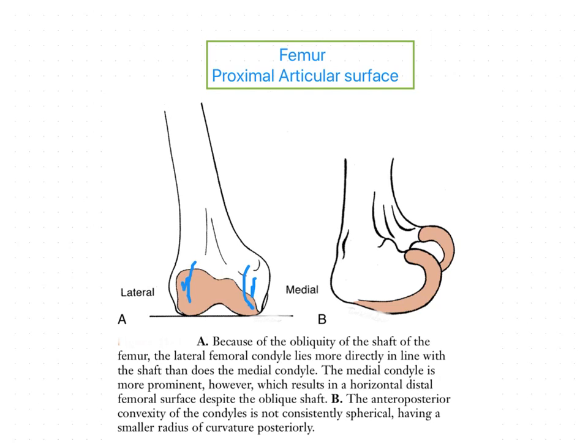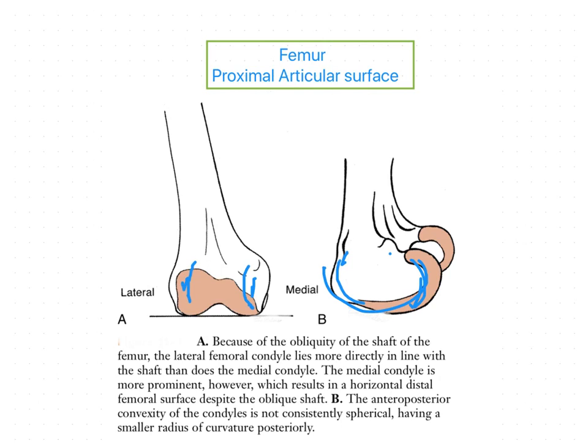If you see in the AP, it is having more curvature anteroposteriorly. Now this AP convexity of the condyles is not a consistent spherical shape, but has a smaller radius of curvature posteriorly.